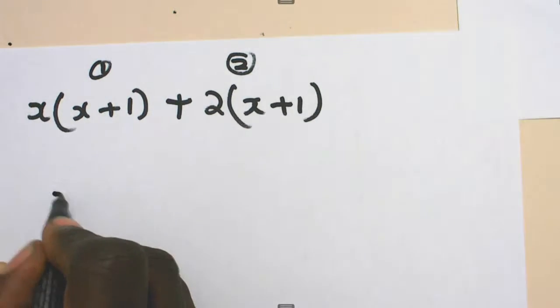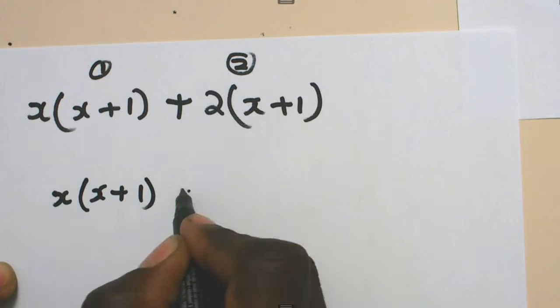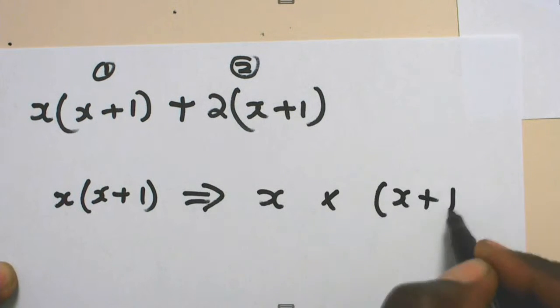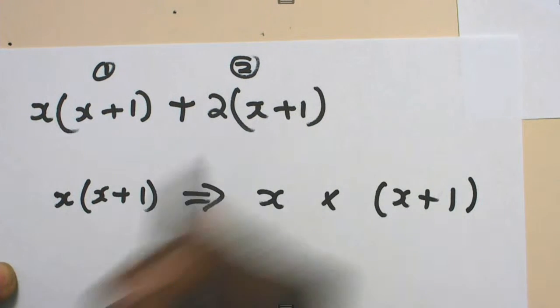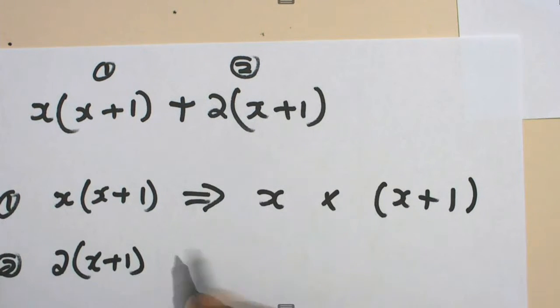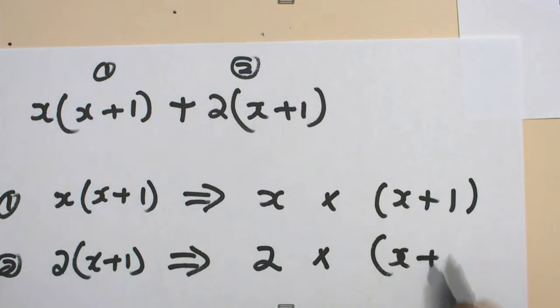It is x multiplied by the bracket x plus 1. And for the second term, it is 2 multiplied by x plus 1.